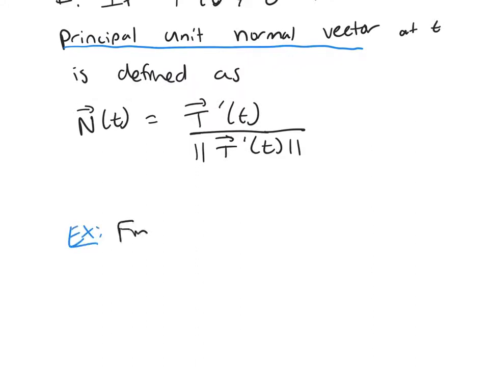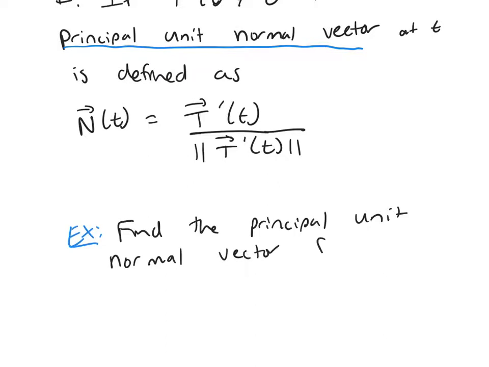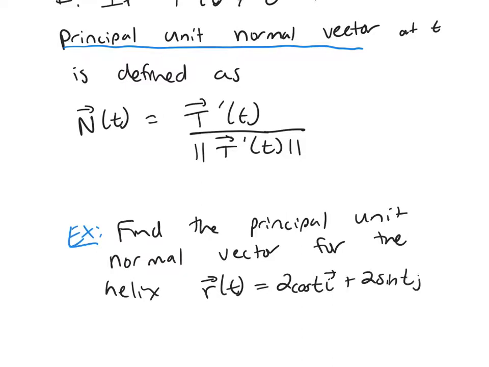Let's go back to our previous example and find the principal unit normal vector for the helix R of t equals 2 cosine t i plus 2 sine t j plus t k.